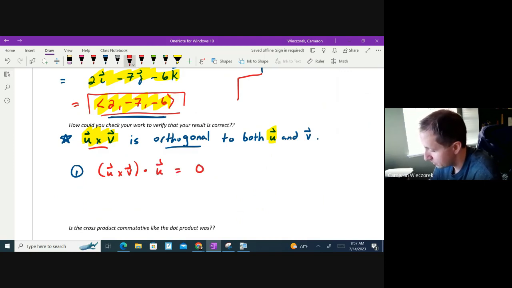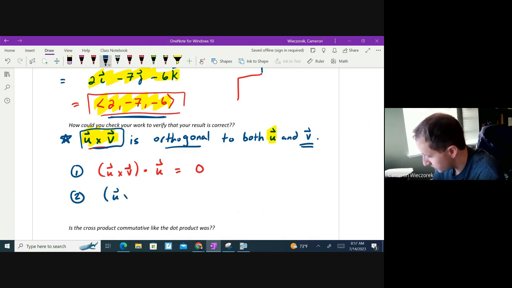But this cross product is also orthogonal to v. So if I take the dot product of u cross v with v, I should also get 0. So it's a good way to confirm if you did your work correctly. And same idea for part B, but instead of using u cross v, you would use v cross u.